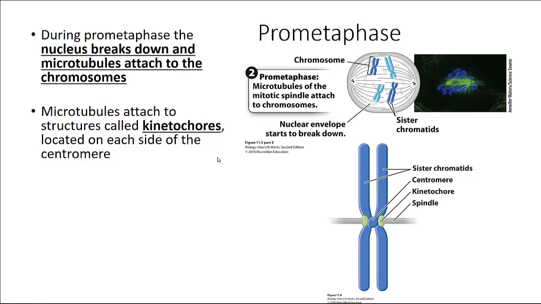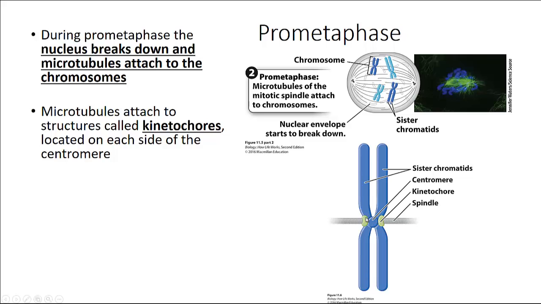Specifically, the microtubules, or spindle fibers, attach at areas called kinetochores. Looking at this figure, kinetochores are listed right here, located on each side of the centromeres, which we talked about in the last video. Centromeres are what hold together sister chromatids. Here we have two sister chromatids, duplicated copies of the same chromosome, held together by the centromere in the middle.